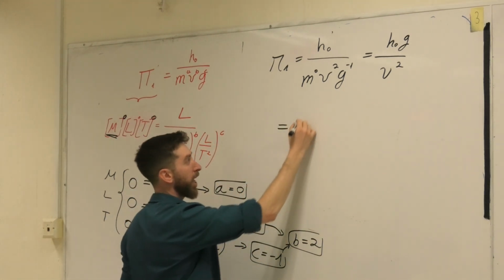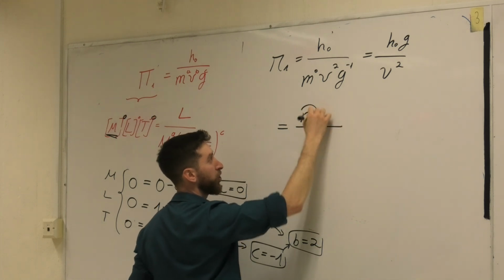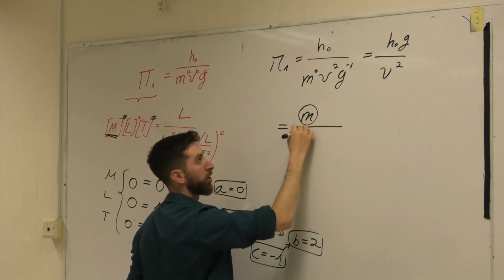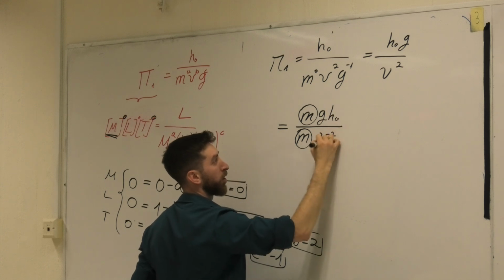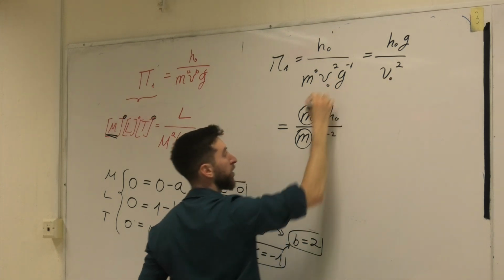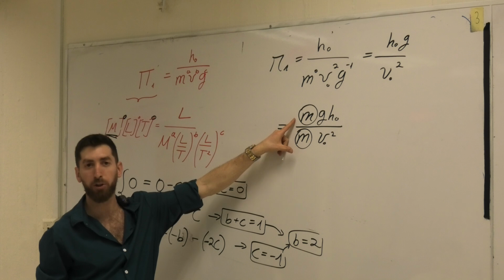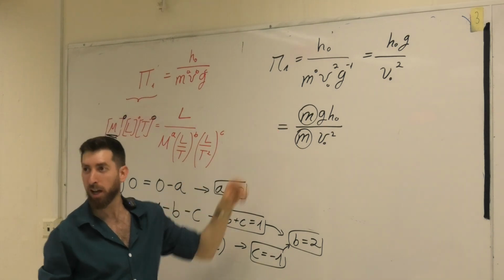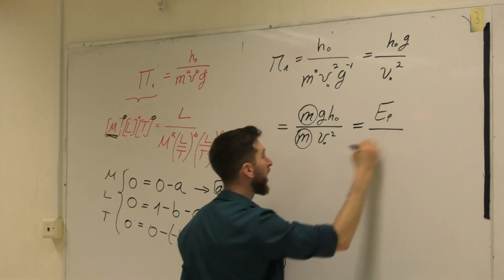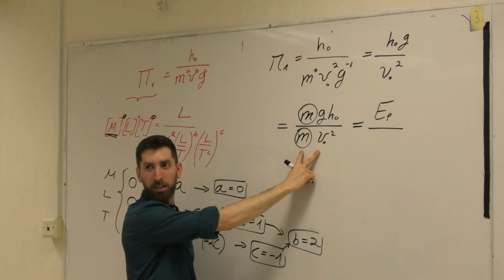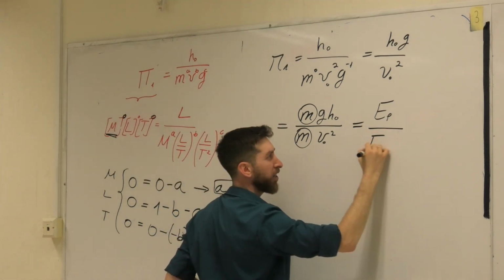Let's just add mass to each term. What do I have here? Do you recognize what the top thing is? Yes, it's potential energy. And down below it's kind of a kinetic energy, right?